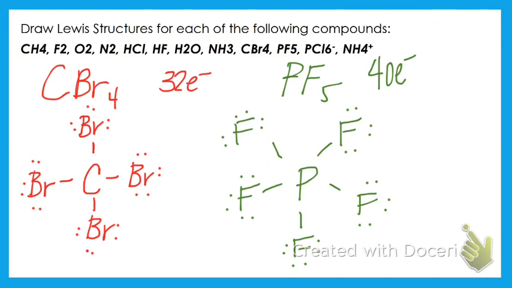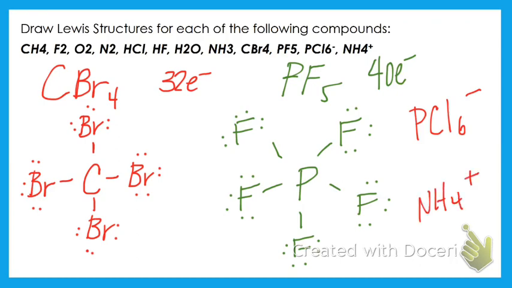But I do want to address the last 2, just real quick, not drawing them, but electron-wise, because there's charges. So we have PCl6 minus and NH4 plus.